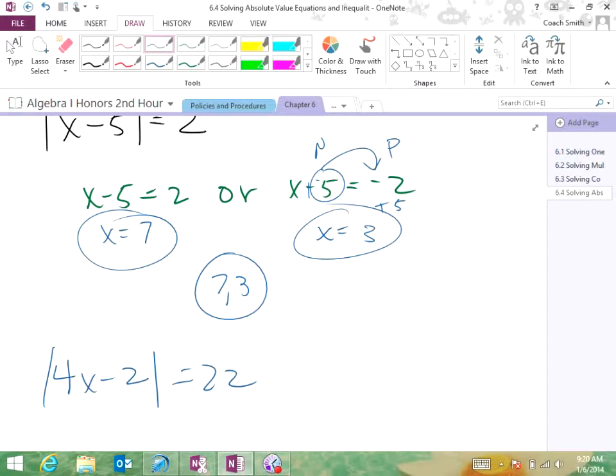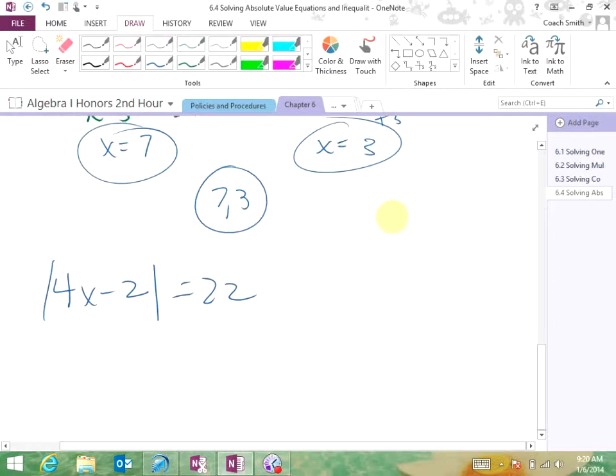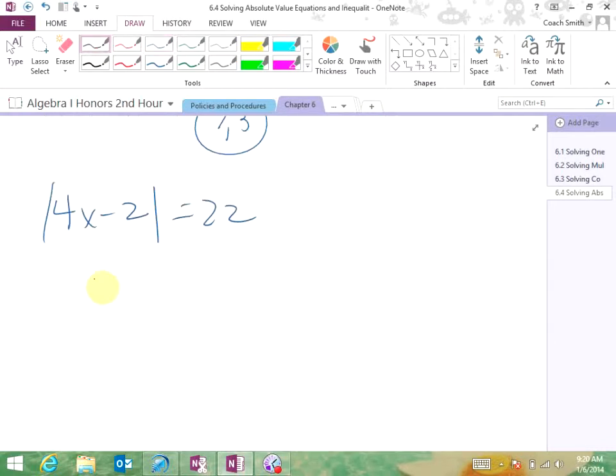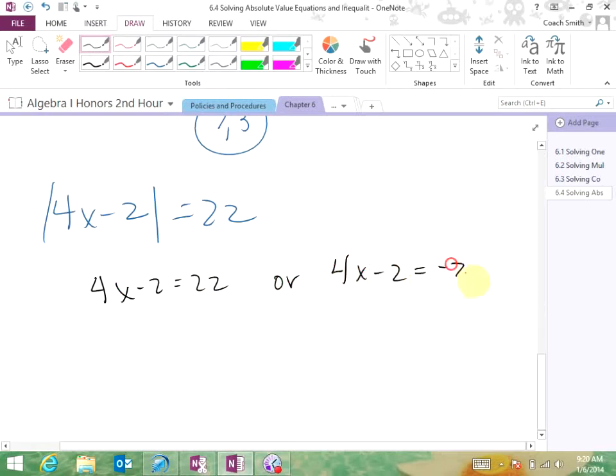If that was just 4x minus 2 without the absolute value signs, then you would just start solving it. The only difference between the two is here we must say this. 4x minus 2 is equal to 22, or 4x minus 2 is equal to negative 22. That's all we have to say.